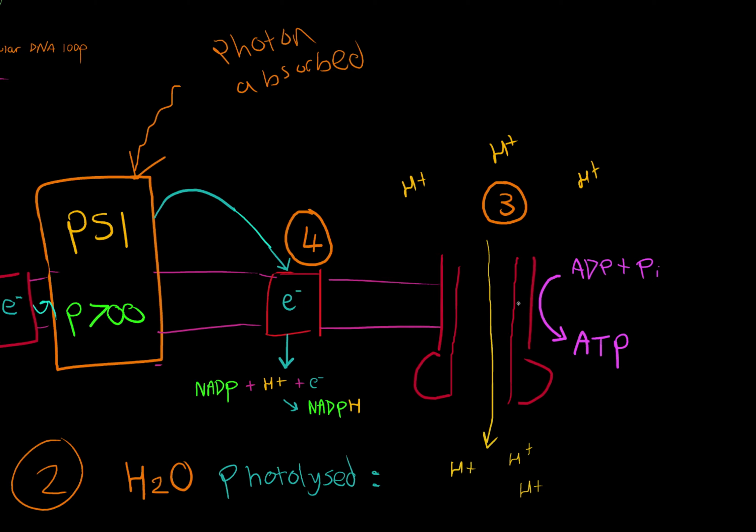This is like ATP synthase. The H plus ions have been pushed through it, and it turns a cog that causes ADP and Pi to be grabbed by ATP synthase in its active site, and then it overcomes the activation energy to allow ATP to form.